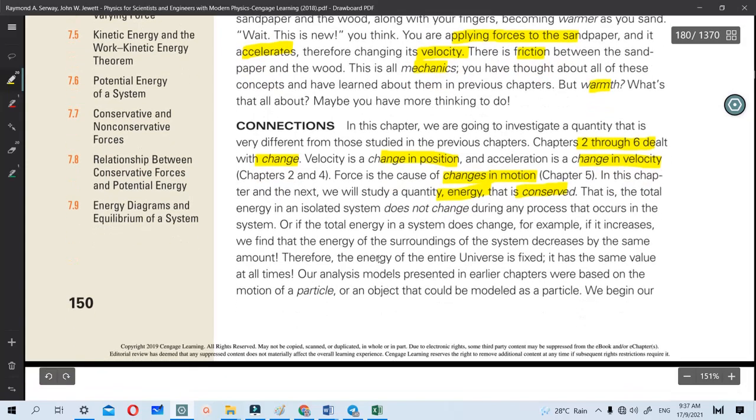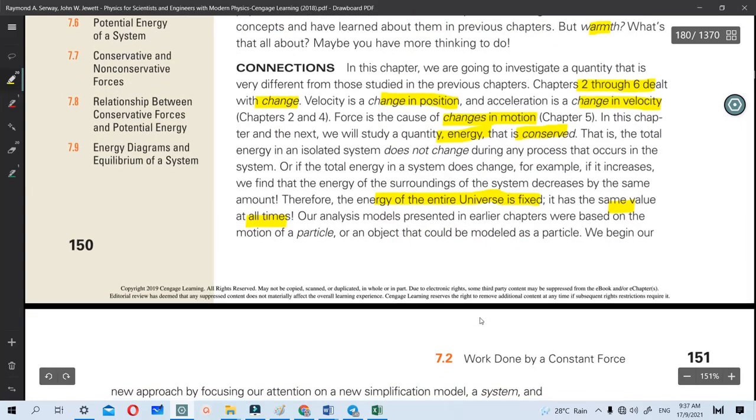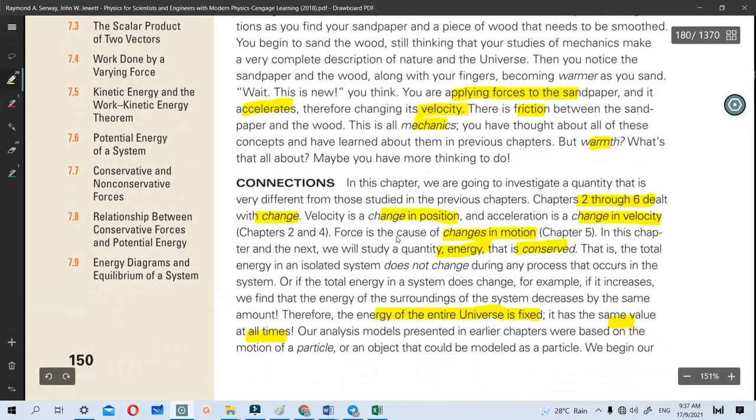So the energy of the entire universe is fixed, the same value at all times. This quite contradicts what we have seen earlier, where a change in position represents a change in the value itself. But here, energy does not change in terms of the number; it changes in terms of the shape.